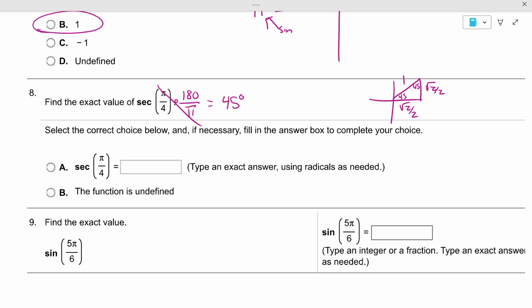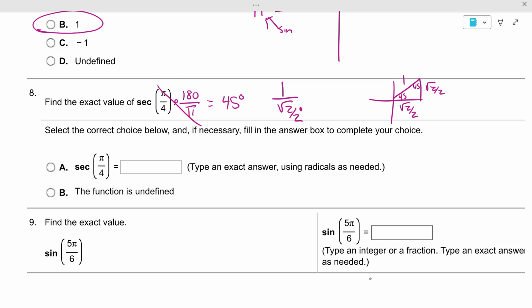The secant is the reciprocal of, or secant goes with cosine, right? It's the reciprocal of cosine. So it's going to be the hypotenuse over the adjacent. I have a complex fraction here. How can I get rid of my complex fraction?